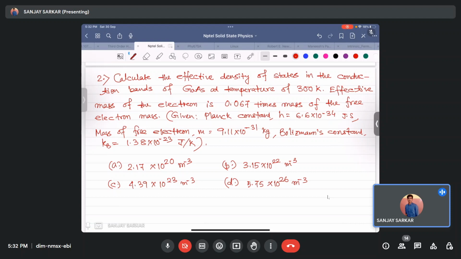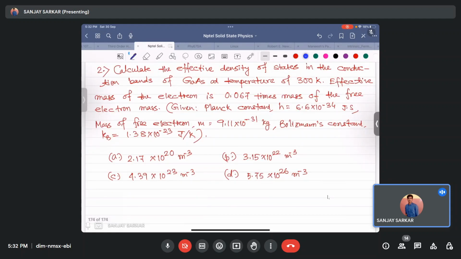So you might need to use that formula for density of states function. So let me write down the formula here.